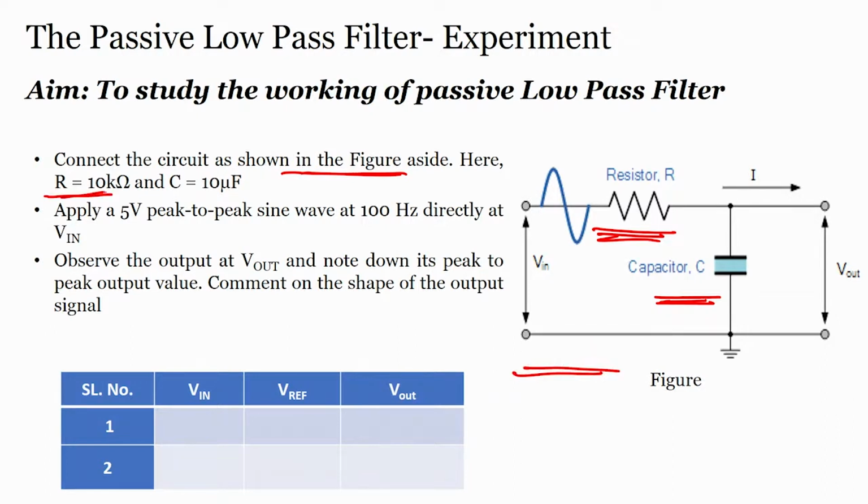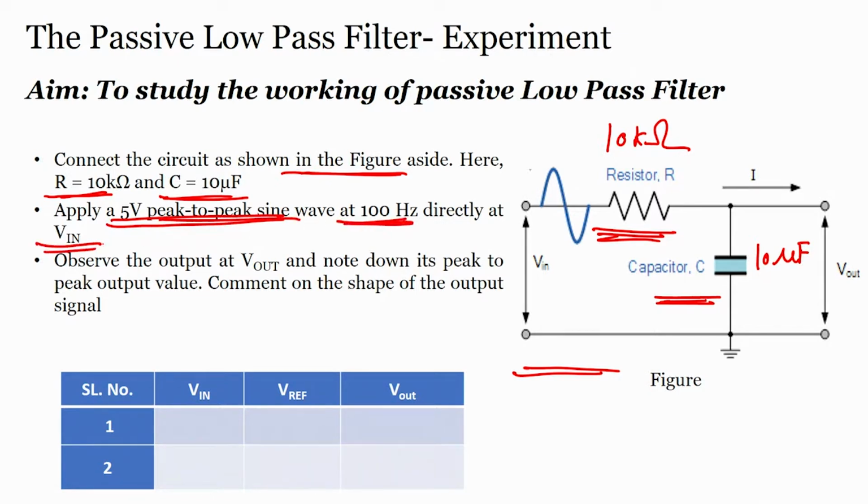Here R equals 10 kilo ohm, we have kept the value R equals 10 kilo ohm, C equals 10 microfarad. Now, we will apply a 5 volts peak to peak sine wave at 100 hertz directly to the V in.